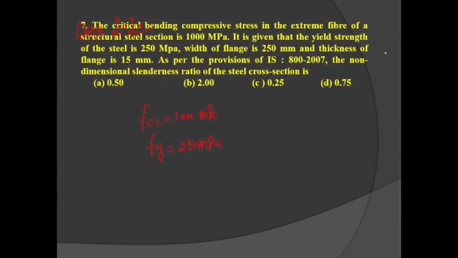The non-dimensional slenderness ratio lambda used in the Perry-Robertson formula is the square root of Fy by Fcc, which is the square root of 250 by 1000, that is 1 by 2, equal to 0.5. Very important question. So option number A is correct. This type of question may be asked in your future exams.